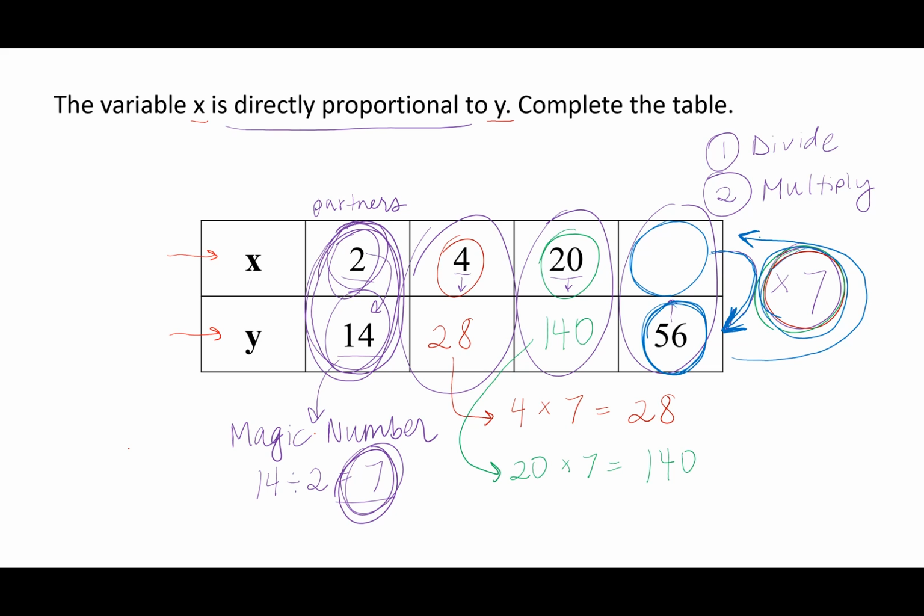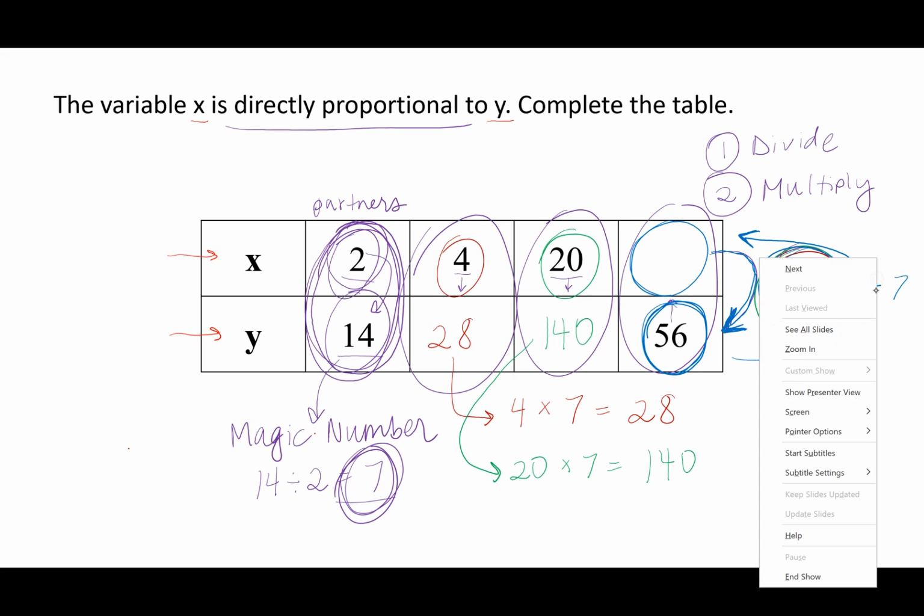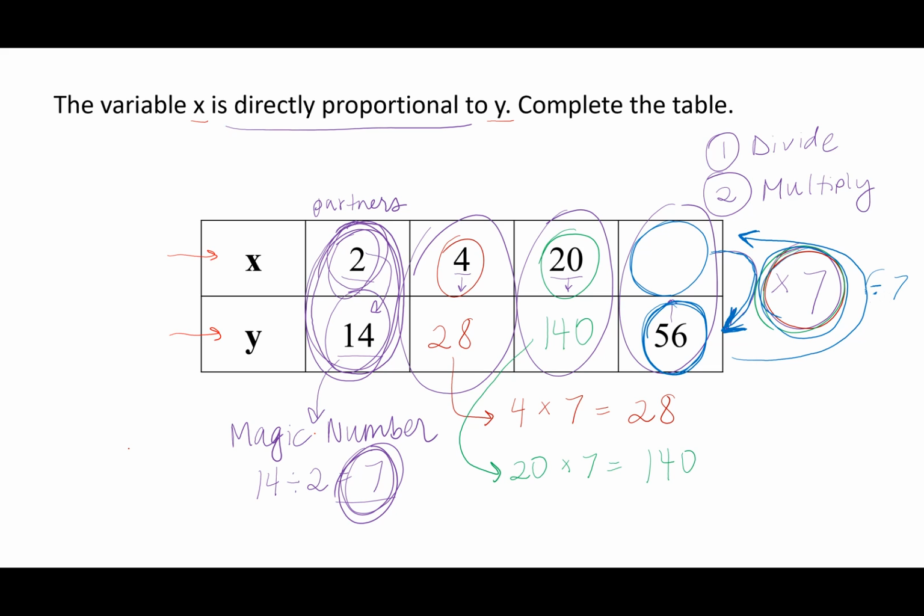If I were going in the reverse direction, we would want the opposite of multiply by 7, which would actually be divide by 7. So if you're working backwards, if you're going from y to x in this situation, you would take the value, 56, and then divide by 7 to figure out what would be x. 56 divided by 7 is 8, so that would help us complete our table. All right, so now we have a completed table and we're ready to go.